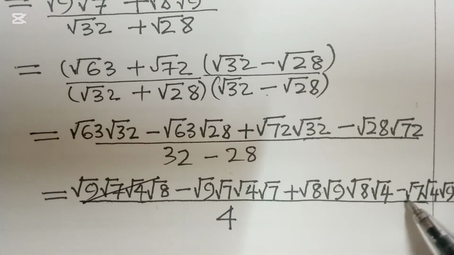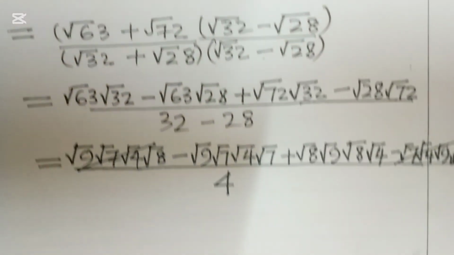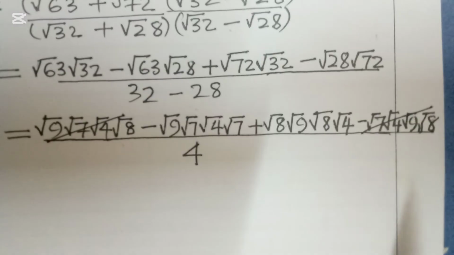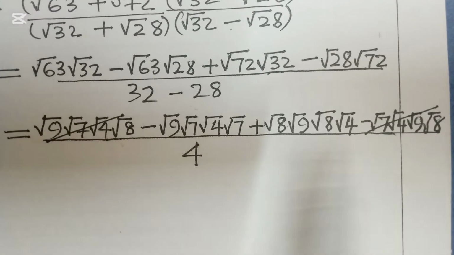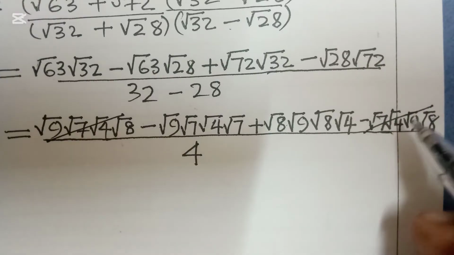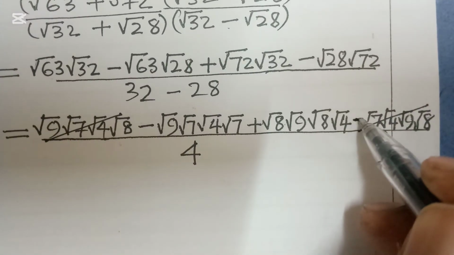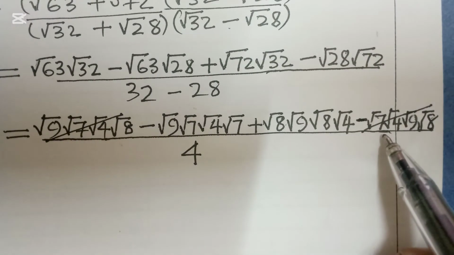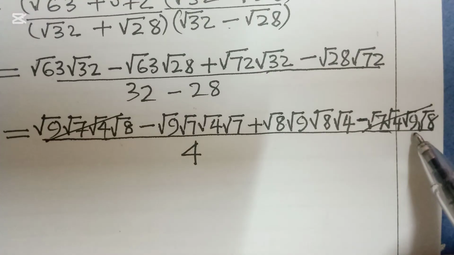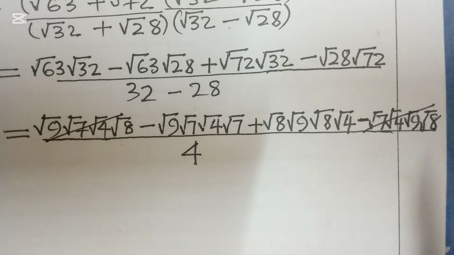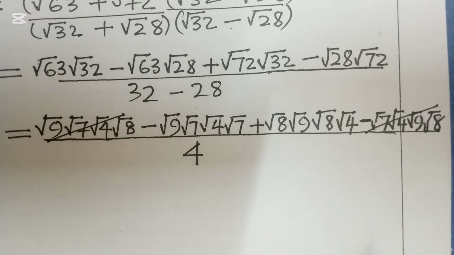Then we go ahead. You can see this is similar to this. This is plus, this is minus. So we can actually cancel. Here we have a minus, because this is square root of 7, square root of 4, square root of 9, square root of 8, which is similar to this.